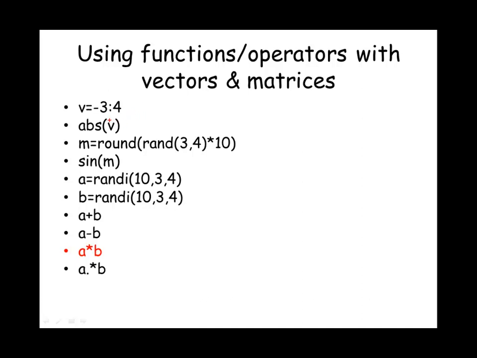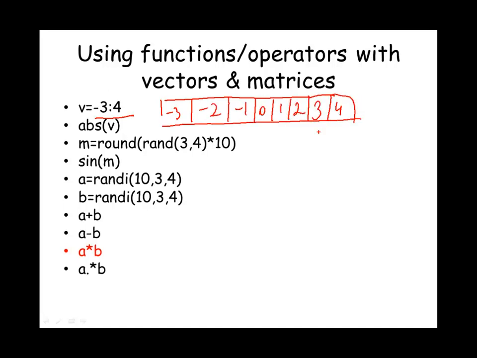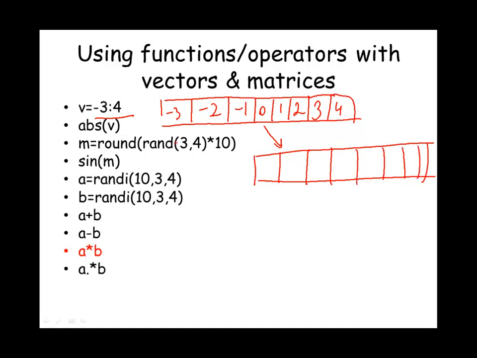If you provided a vector or a matrix, in this example we are providing the vector of numbers from -3 all the way to +4, and it will return a new vector that contains the result of applying the ABS function to each of these entries. So it will contain 3, 2, and this is the result you will get.